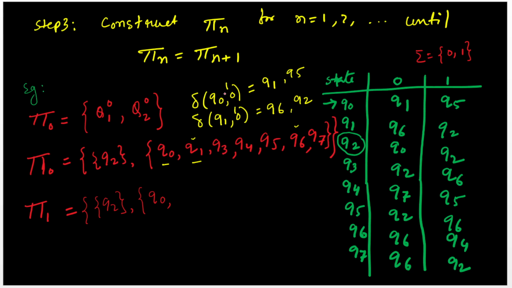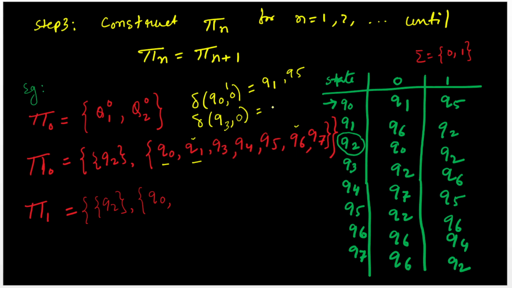Now look, in the case of Q3, if the input is 0, Q3 goes to Q2.